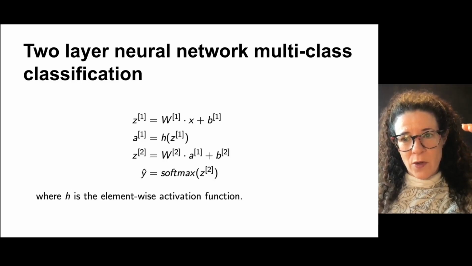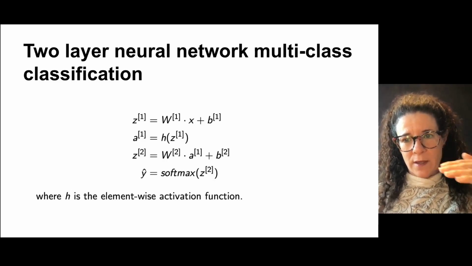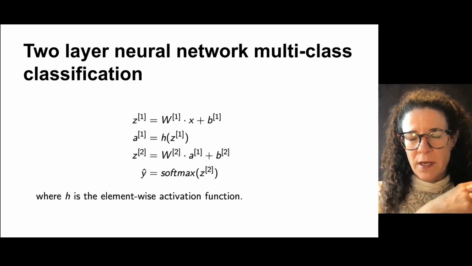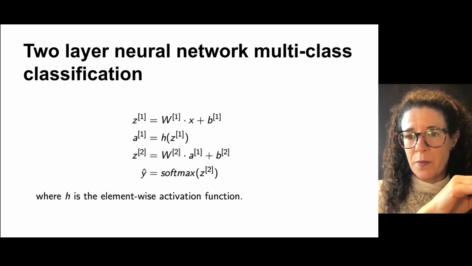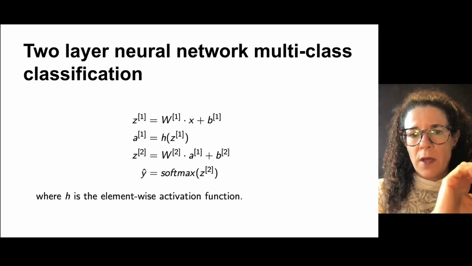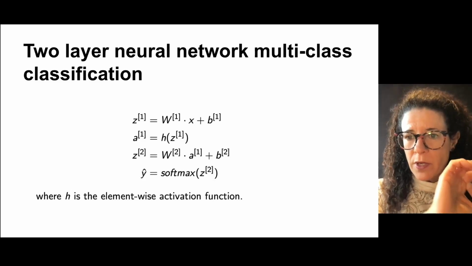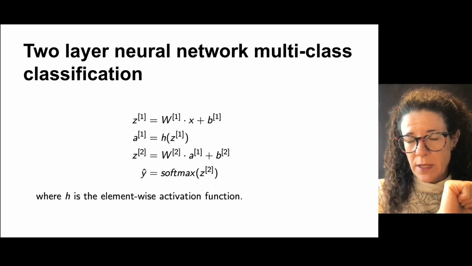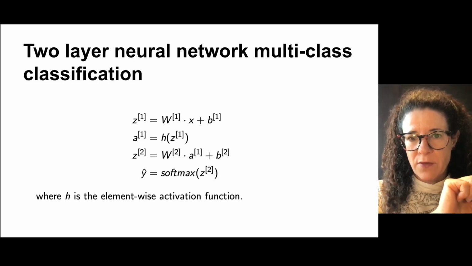And then on that output, we have another linear transformation. And then finally, we apply some function that is going to give us either one number with a probability for binary classification, it's going to give us any number if we want to do regression, or it's going to give us k probabilities if we want to do a multi-class classification.